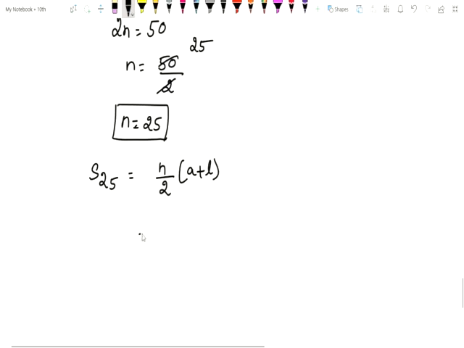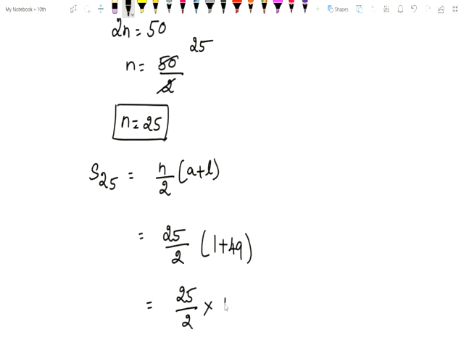Here n is 25, 25 by 2 into a value. What is the a value, children? 1 plus l value 49. So 25 by 2 into 1 plus 49, 50. 2 ones are 2 into 25, you get 50.